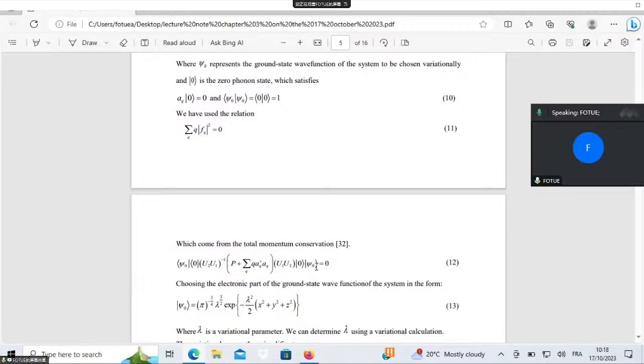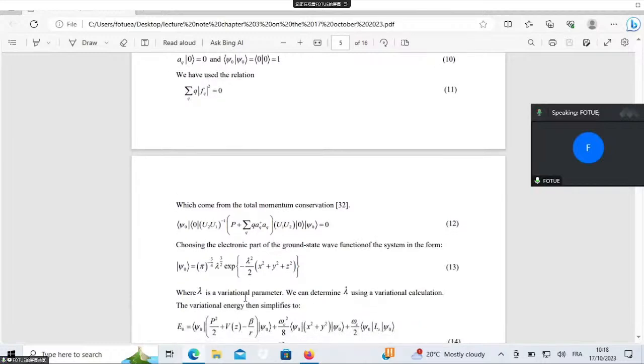The phonon part is given by this 0 phonon state ket 0. The electronic part of the ground state wave function is given by this. And we see that in this expression we have the variational parameter lambda, and this variational parameter will be helpful to minimize the value of the obtained energy.